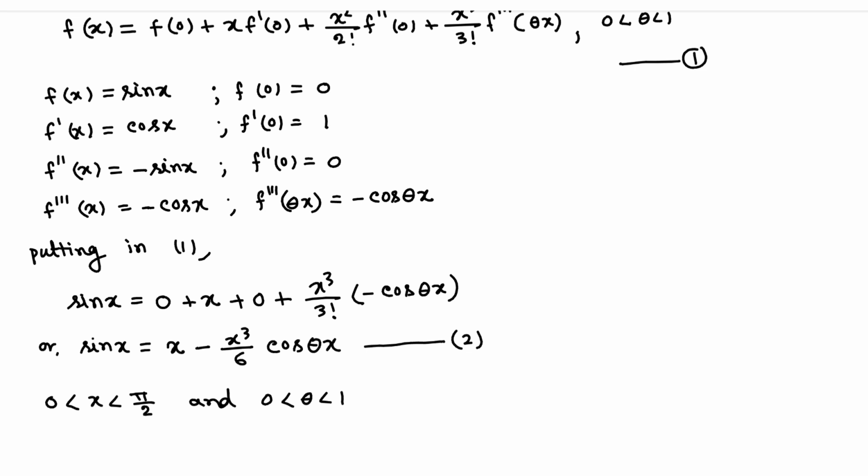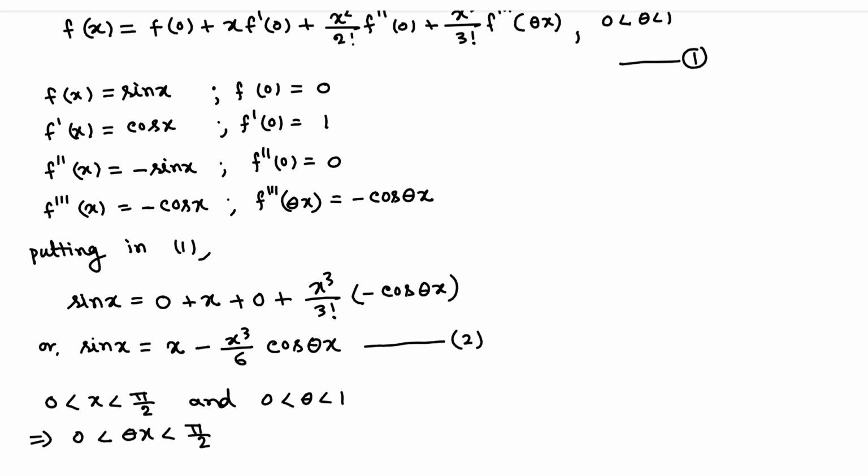So if I multiply theta and x, obviously this will be 0 less than theta x less than pi by 2. Just multiply each term. That means in the expression cos theta x, this angular value is between 0 and pi by 2.